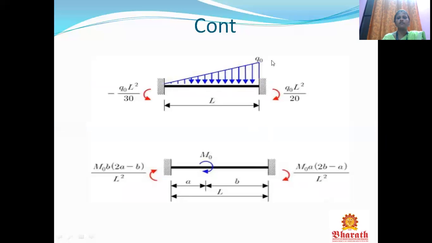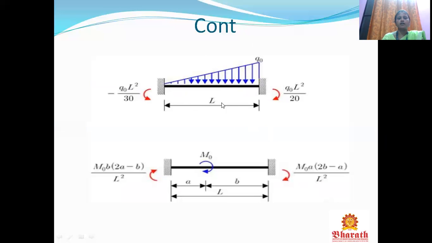Next, for this type of triangular load, the formula for fixed end moments is, anti-clockwise, minus q0 L square by 30, and clockwise, plus q0 L square by 20. So this is the fixed end moments formula for a triangular load.